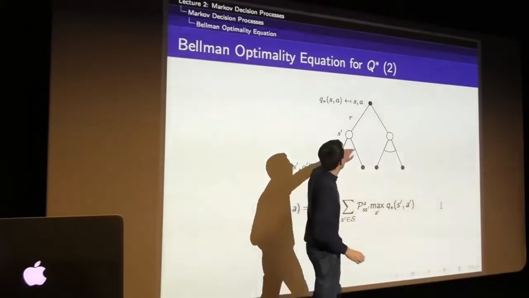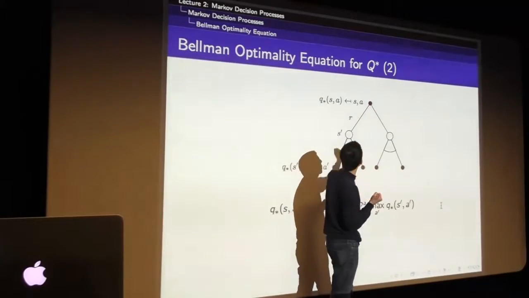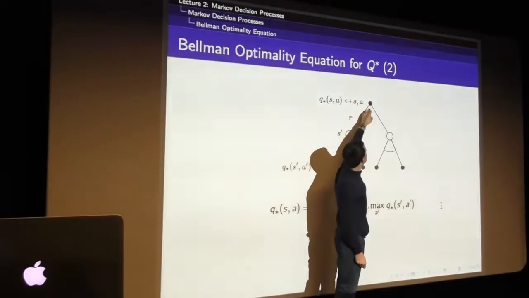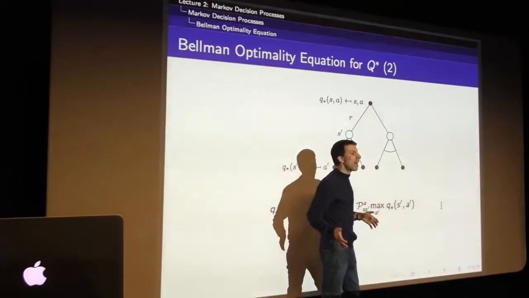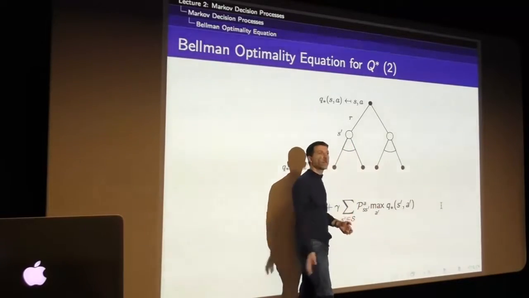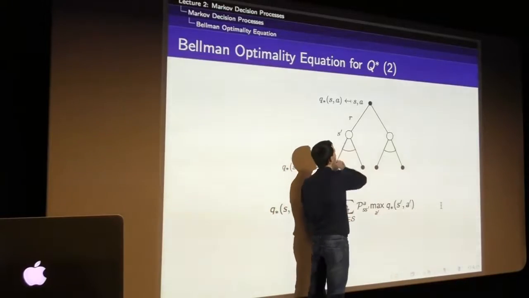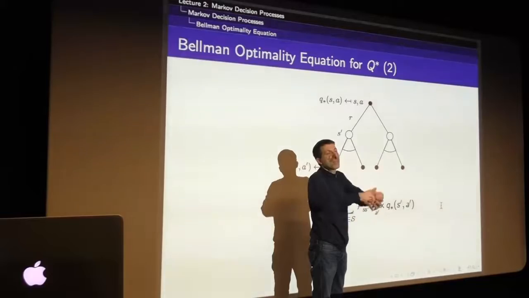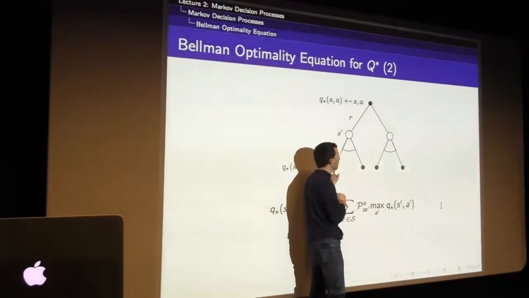And the reordering tells us that if we want to know how good is one of these arcs, like how good is it to be in a particular state and take a particular action, we first of all consider where the wind will blow us. We average over the dice which the environment's rolling, and wherever the dice roll, we get to make a decision. So wherever the wind blows us, we get to pick one action after that, and we get to maximize over the decisions we take.